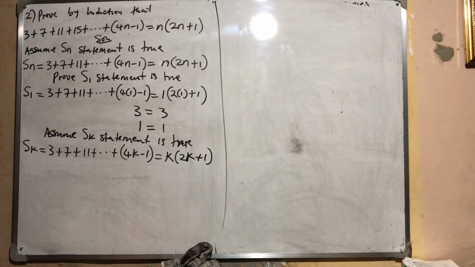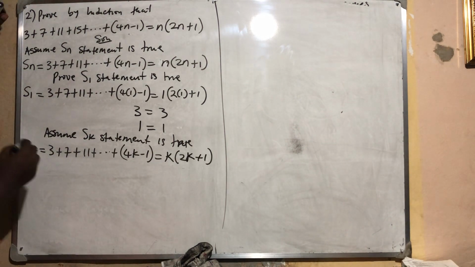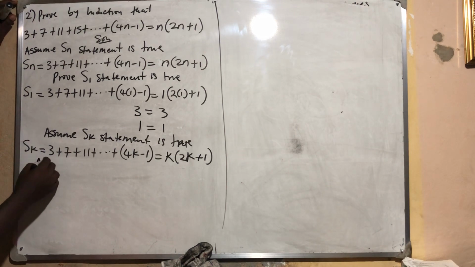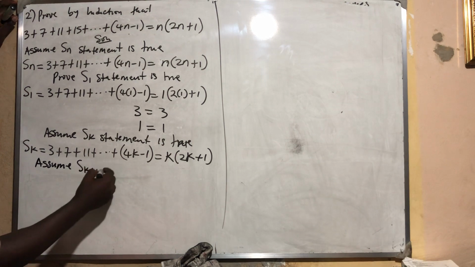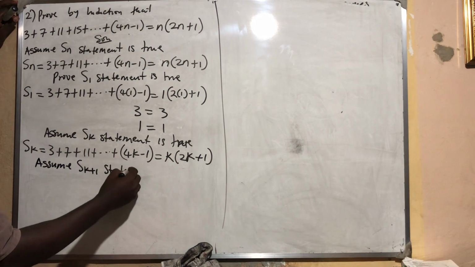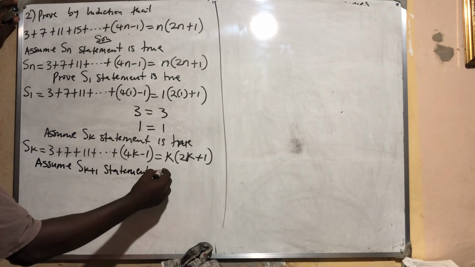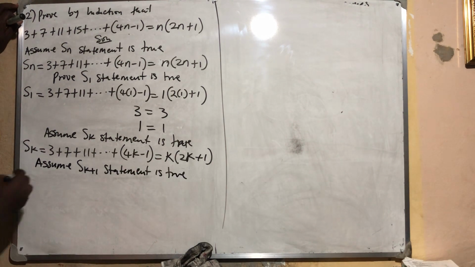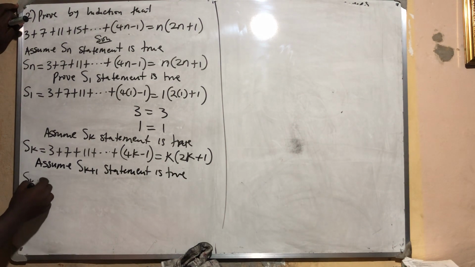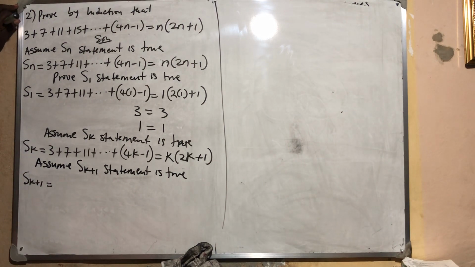Then the next one is to assume that Sk plus 1 statement is true. So what do we do? Sk plus 1. Anywhere you see n in this formula again, change it to k plus 1.